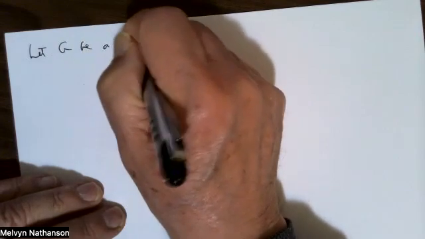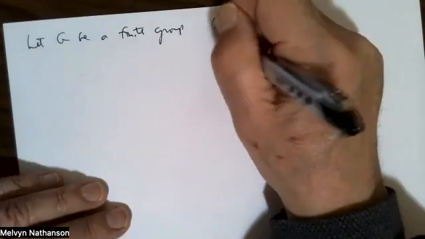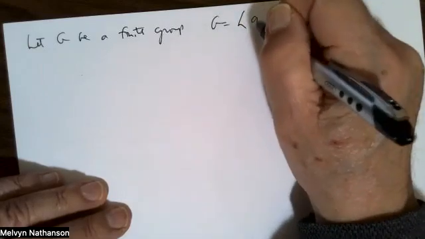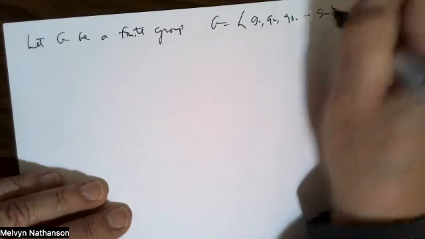Let G be a finite group. Finite group is a group that has only finitely many elements in it. Say G1, G2, G3 up to G sub n.